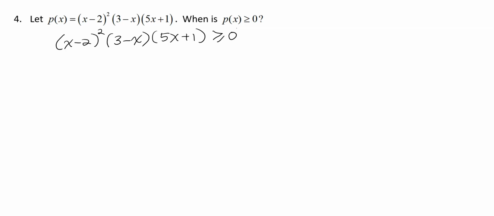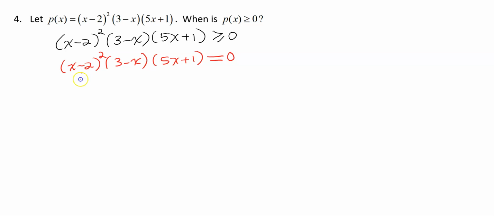So the first step in an inequality is to find your critical points, meaning when is (x minus 2) squared times (3 minus x) multiplied by (5x plus 1) equal to 0? That would give us our critical points, where the break-even point is. Here we have a polynomial, we have multiplication.